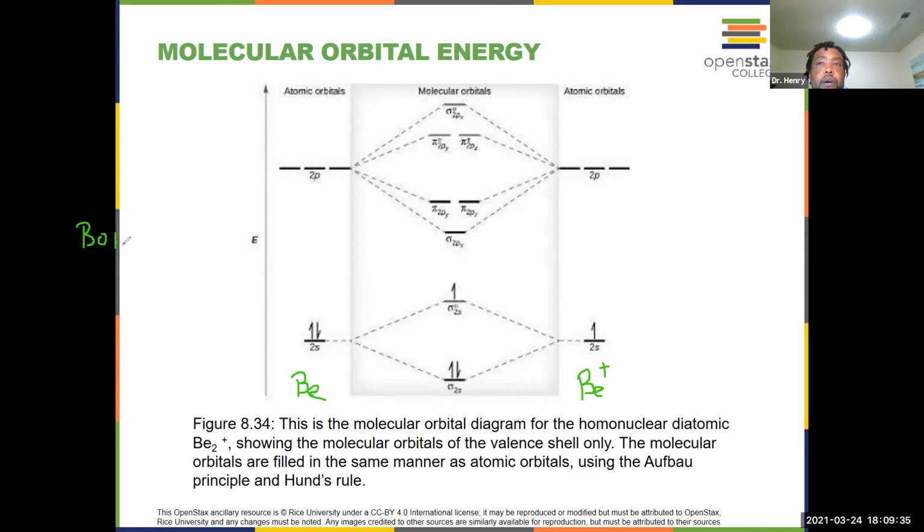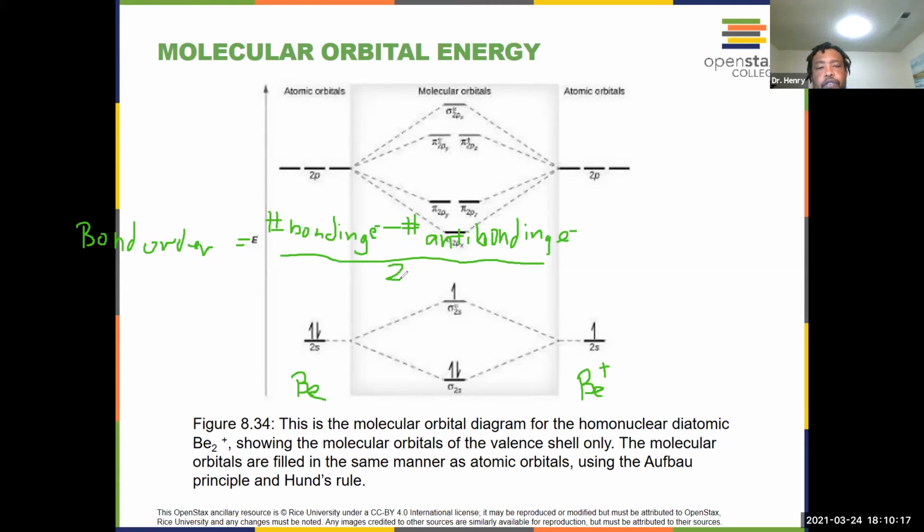So bond order is going to equal the number of bonding electrons minus the number of antibonding electrons, divided by 2.